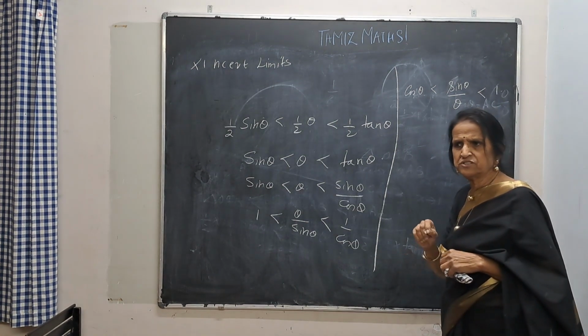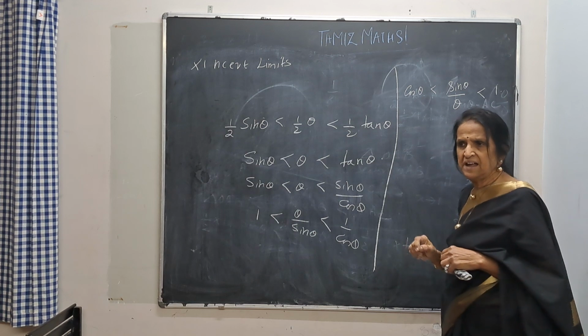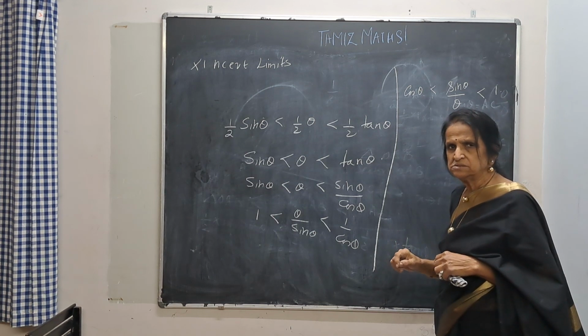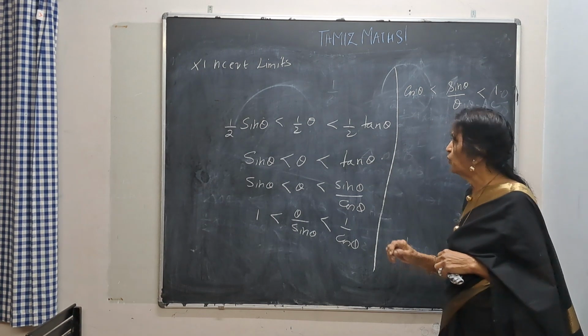Take limit throughout. Take limit throughout when theta tends to 0.